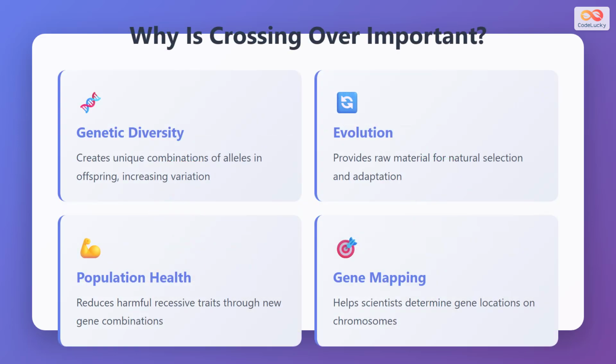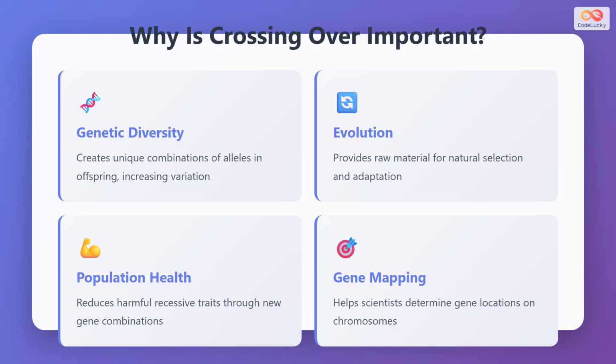Crossing over serves 4 critical biological functions. First, it creates genetic diversity by producing unique combinations of alleles in offspring. This means that siblings, except for identical twins, are genetically different from each other. Second, it provides raw material for evolution through natural selection and adaptation. Populations with more genetic variation can better adapt to changing environments.